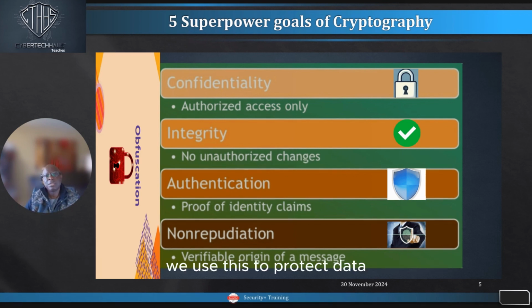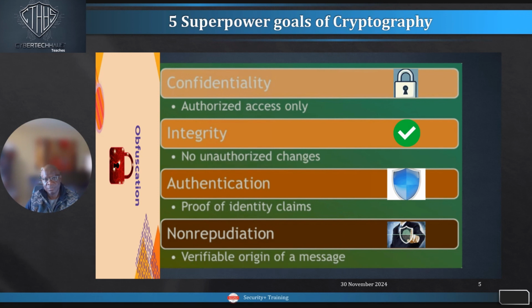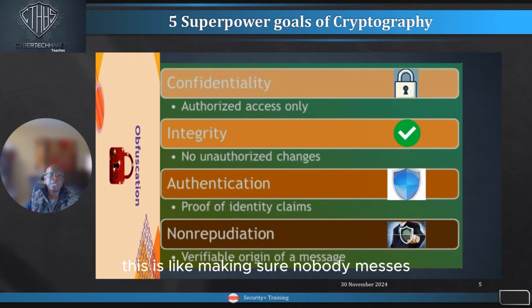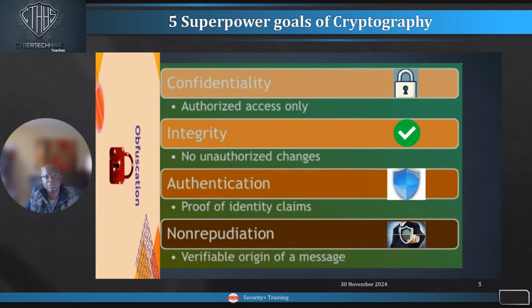We use this to protect data when it's stored on a computer, sent over the internet, or even when it's being used. Integrity. This is like making sure nobody messes with your message while it is being sent. Imagine someone intercepting your message and changing the meeting place.